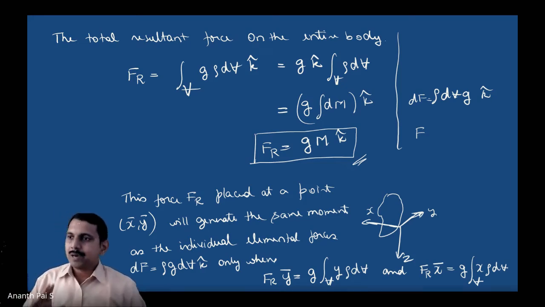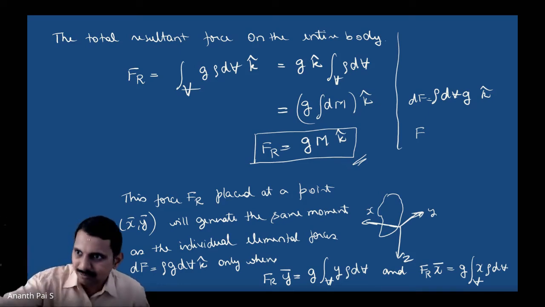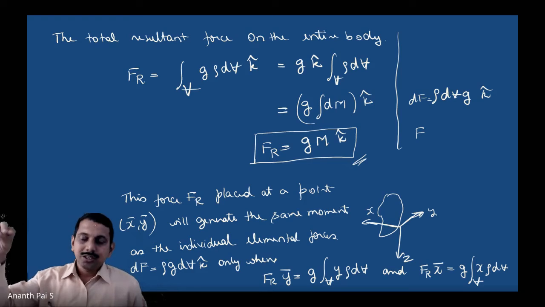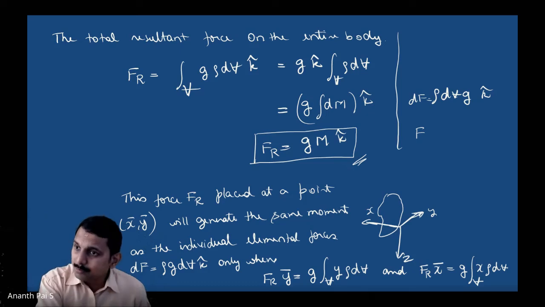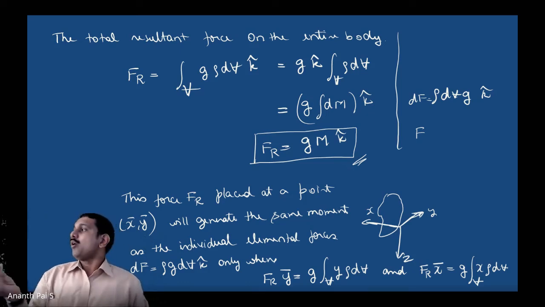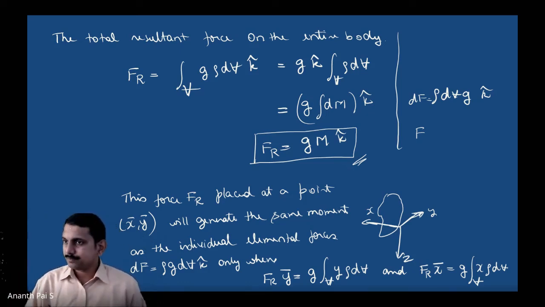I am replacing small individual forces by one single force. So the moment generated at any point by the individual forces or by this equivalent force should be equal to the total moment generated by all these small forces. Then only it is equivalent, otherwise it is not equivalent.